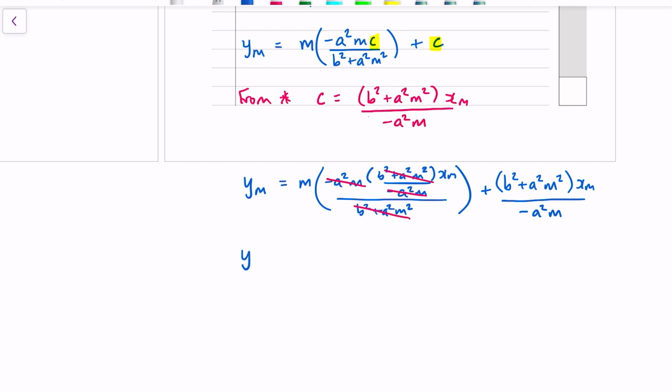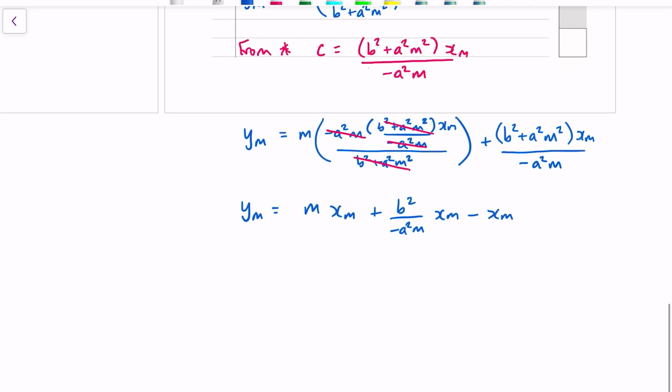So I've got my y value of my midpoint is m times xm plus b squared over negative a squared m times xm minus xm.